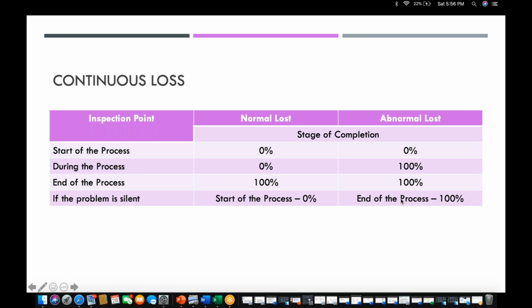So therefore, 100%. Okay, 100% for end and during, because our assumption is as if the inspection of the good units was at the end.